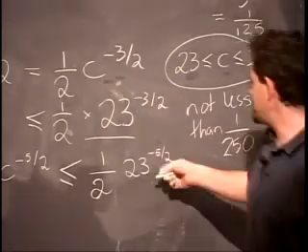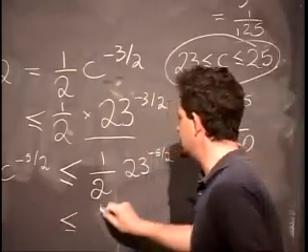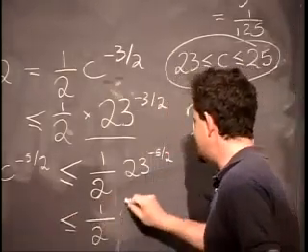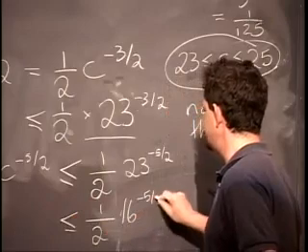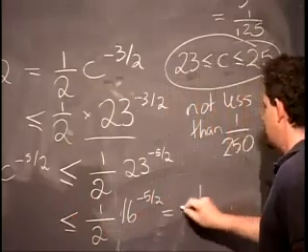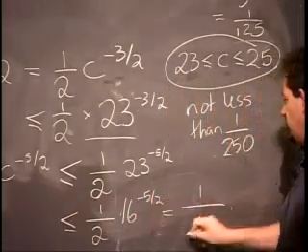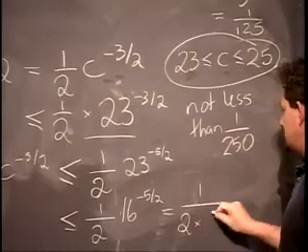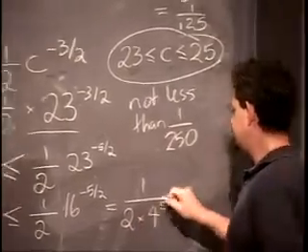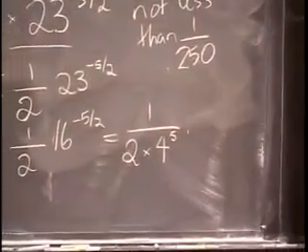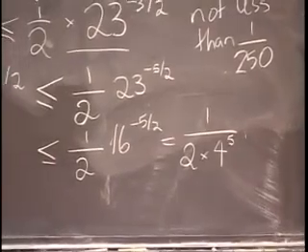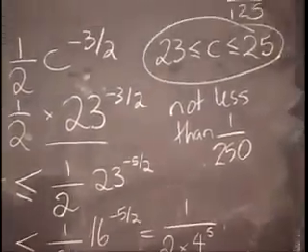16. So I don't know much about this, but I know it's less than or equal to 1/2 times 16 to the minus 5 halves, which is, the square root of 16 is 4. So that's 1 over 2 times 4 to the 5. And you don't need to know too much about that. 4 to the 5 is the same as 2 to the 10.